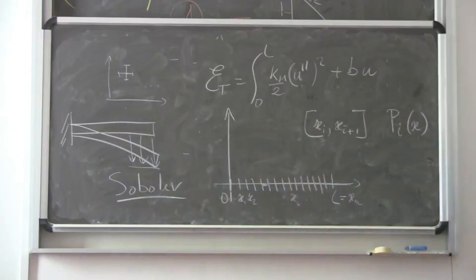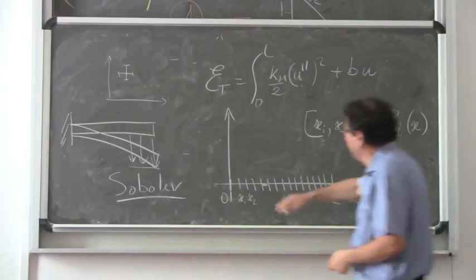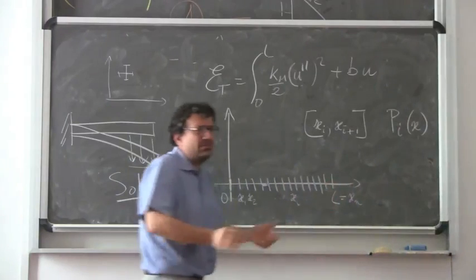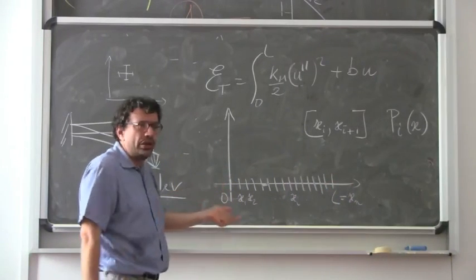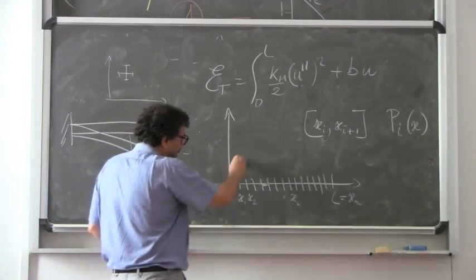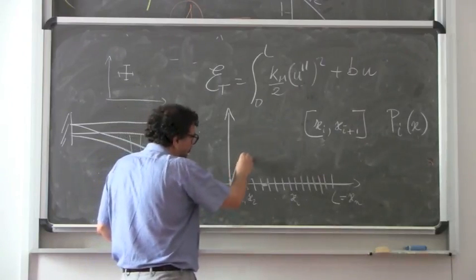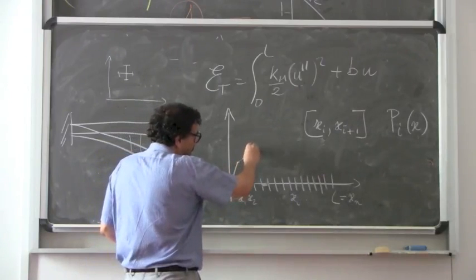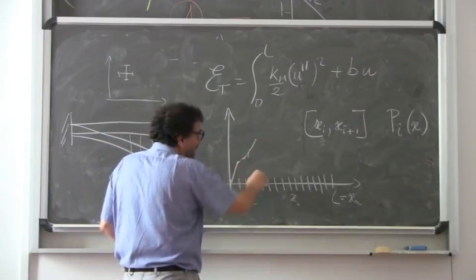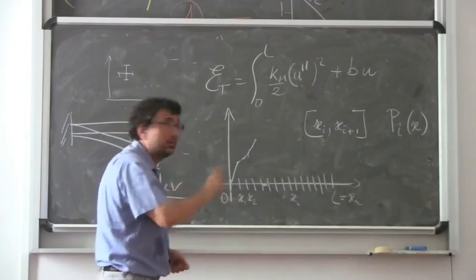Okay? So you choose a set of polynomials, and in order to draw it, let us choose piecewise linear elements for u second.